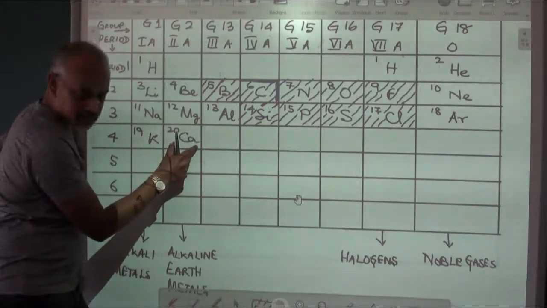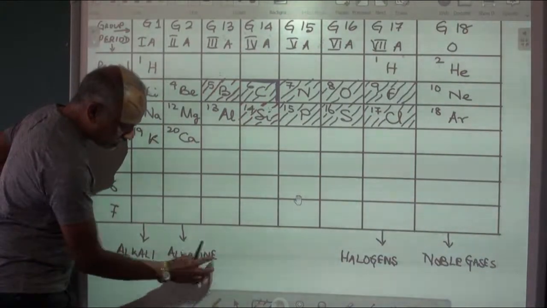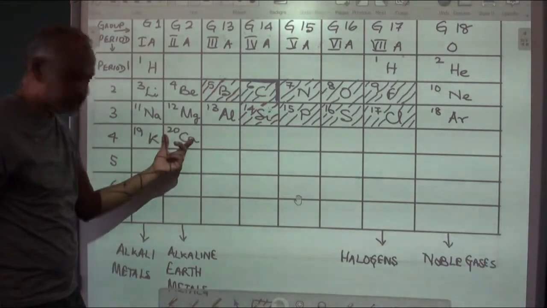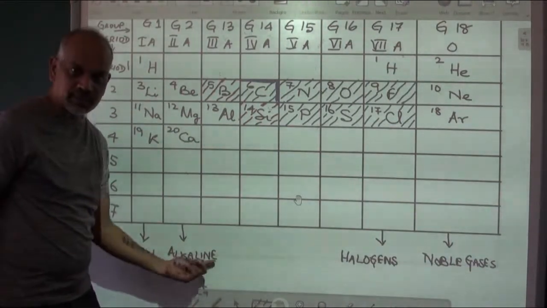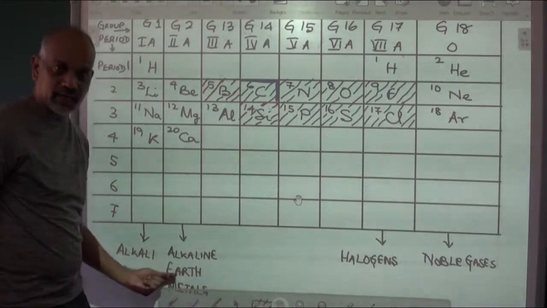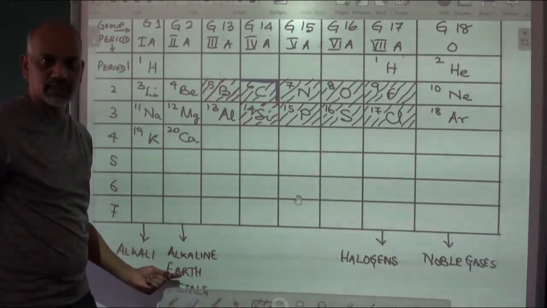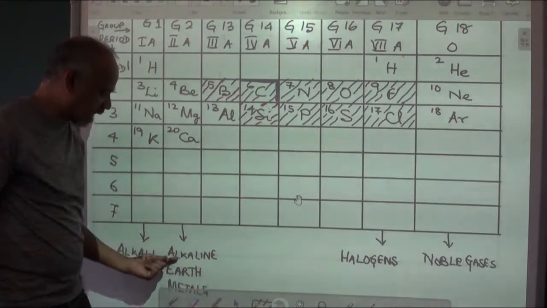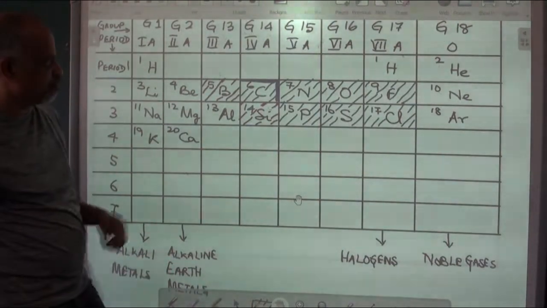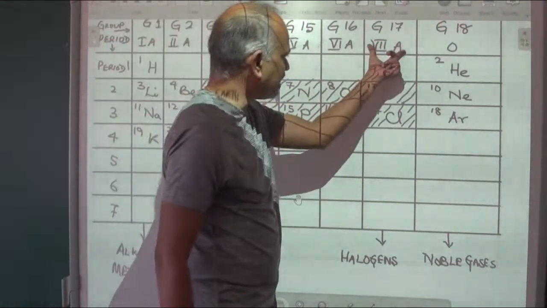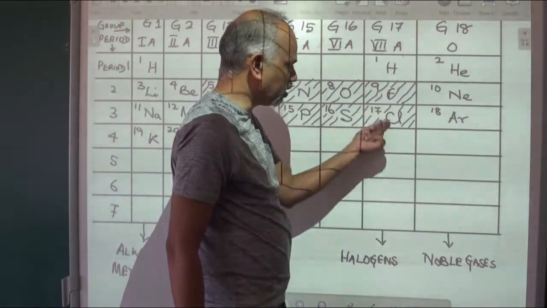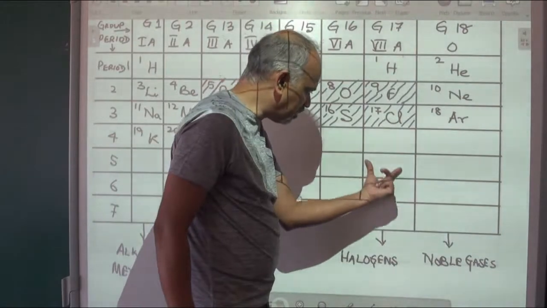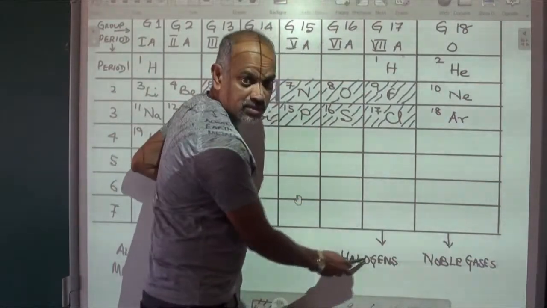These ones are called alkaline earth metals. Why they are called alkaline earth metals is they are also basic, alkaline, and they are found in the earth's crust. That's why earth metals. Those under group 7A, fluorine, chlorine, iodine, all these ones are called halogens.